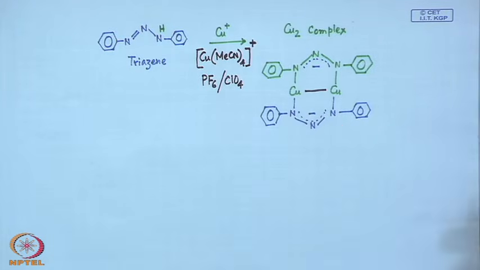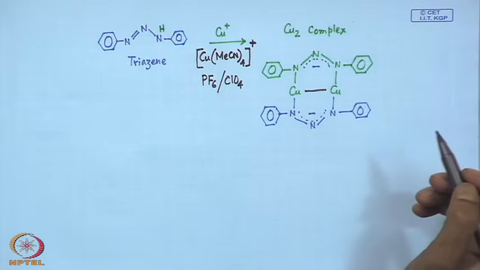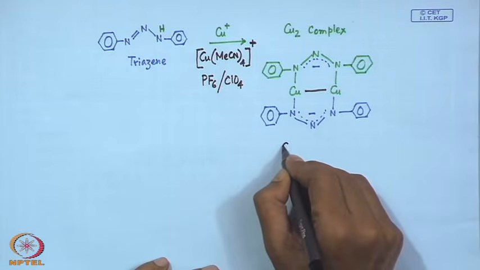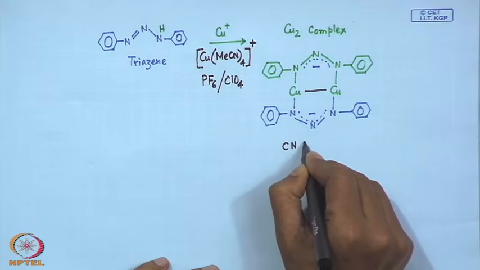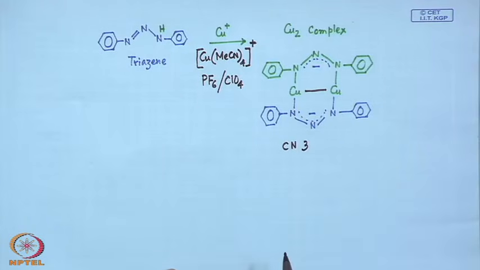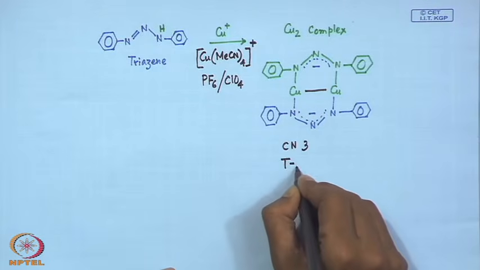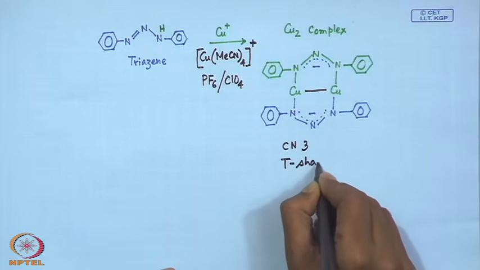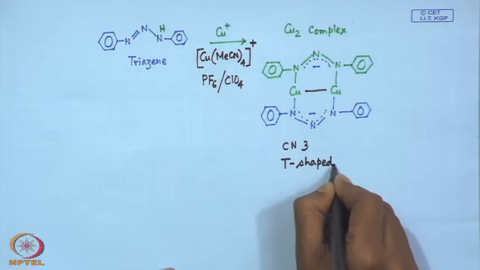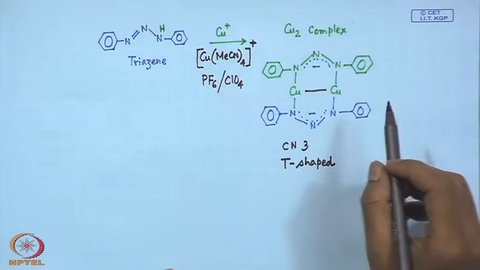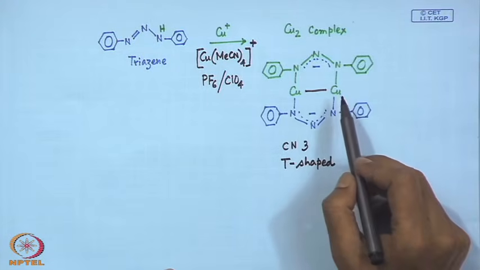And now, if we have some copper-copper bond or copper-copper interaction, we get a corresponding coordination number of 3 at the copper centers, which is also T-shaped. So, this is a very unique example where we do not have any other option for any other type of geometry.